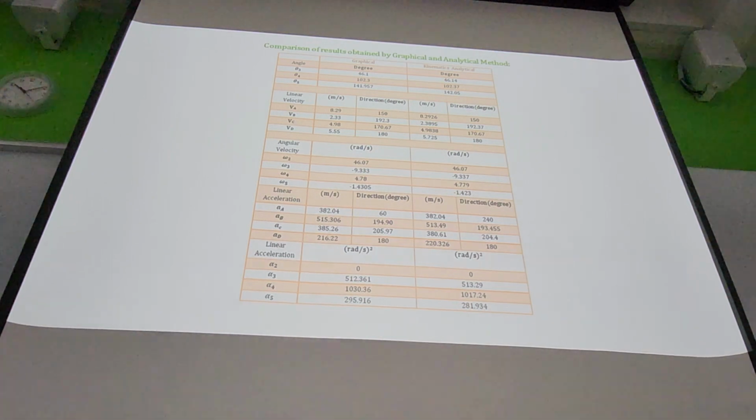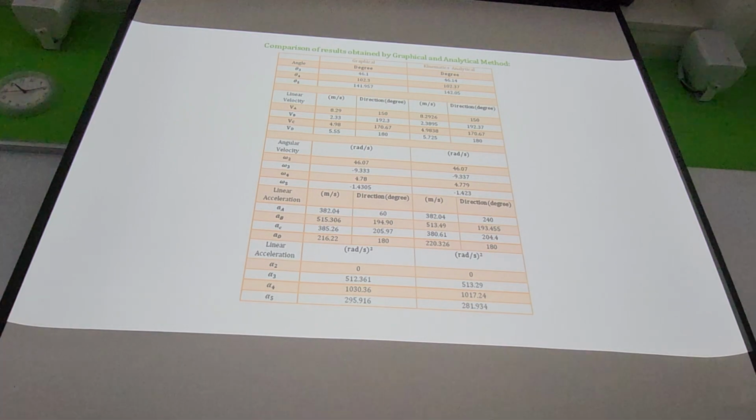So you need to prepare a table like this. So you can see here the calculations are very close. Graphical and analytical for angle only. Theta 3, theta 4, theta 5. So similar for velocities. Okay. So you know graphical method and analytical method.